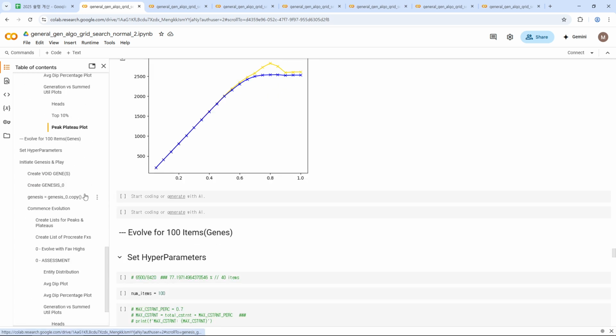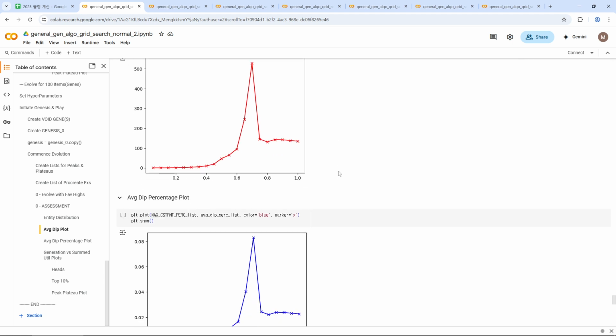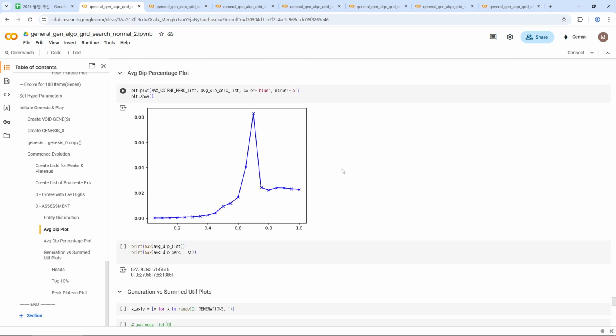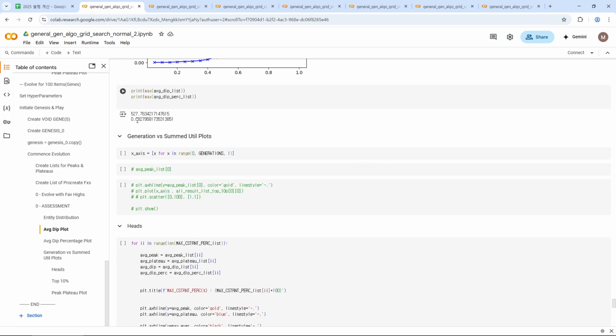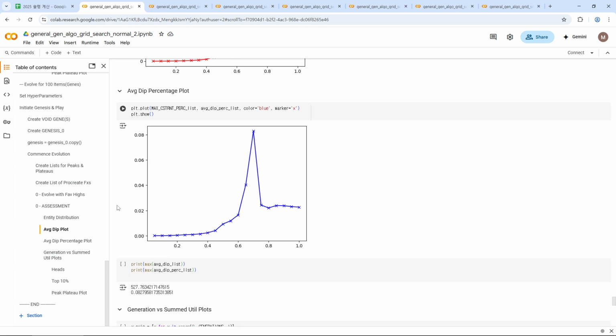Okay. 100 items. Entity distribution. Normal. Well, as expected. Average dip percentage plot, as expected. Average dip percentage 0.08, so that's 8%, right? Yep, I think so.